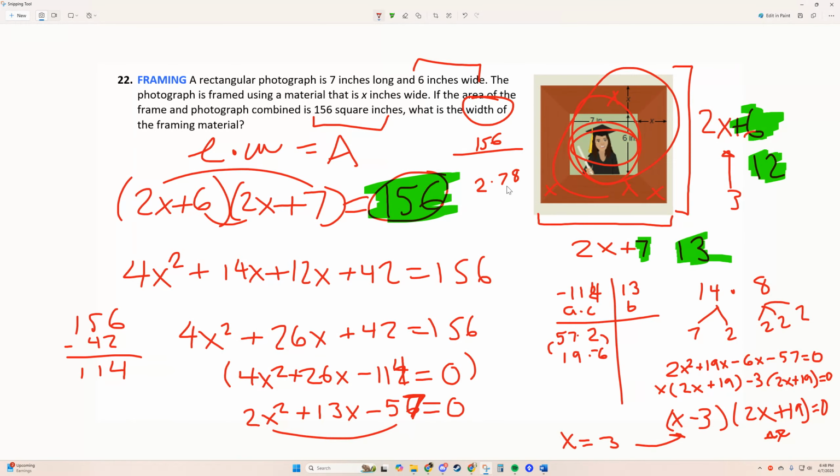Those are not next to each other. Let's keep going. 4 times 39. Okay, let's triple and divide by 3. 12 and 13. Oh, look, those are 1 away from each other.